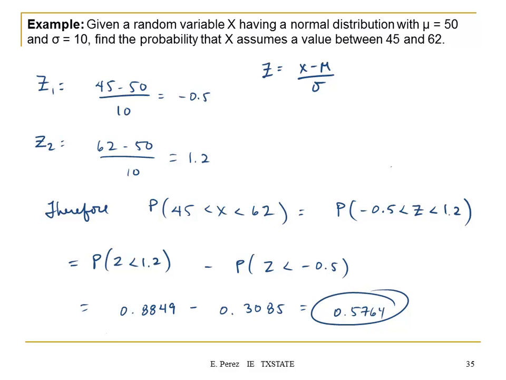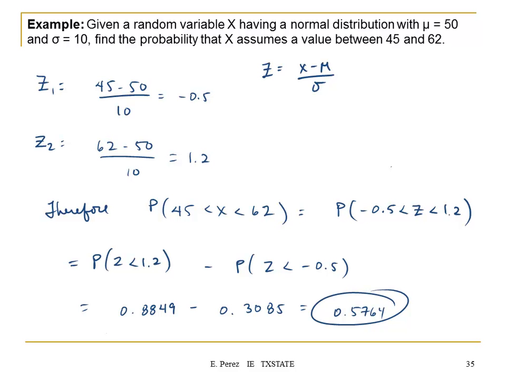And I think we also talked about this example. Here we have a random variable x having a normal distribution with this mean and this standard deviation, and I ask you to find the probability that x assumes a value between 45 and 62. Since we want to use the standard normal distribution from the table in order to get the probabilities, we transform the values of x, 45 and 62, using the transformation.